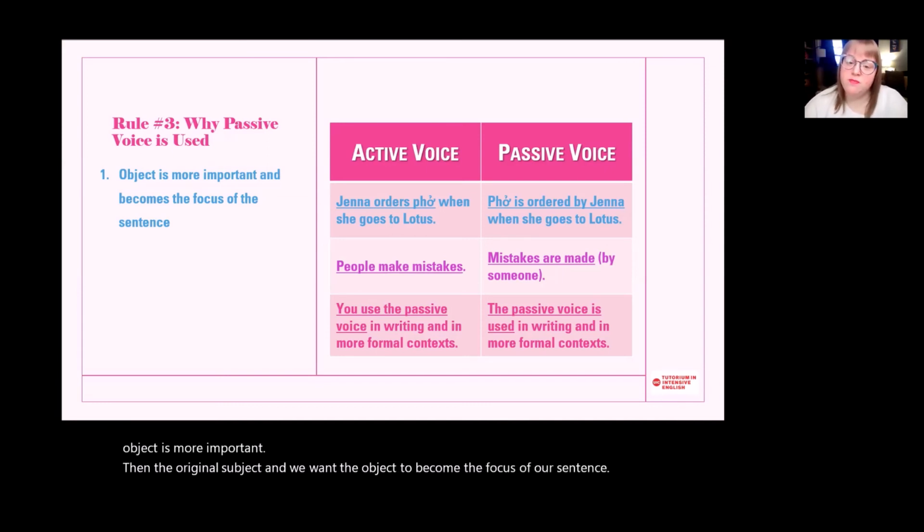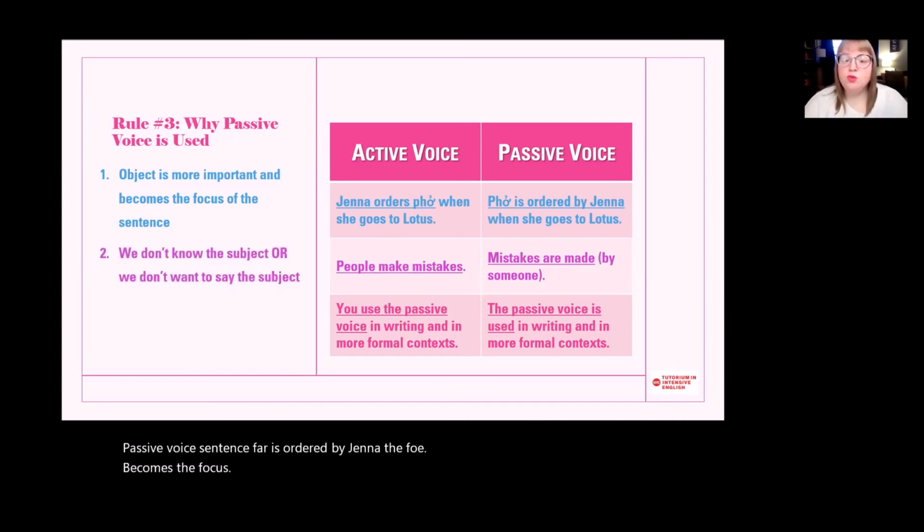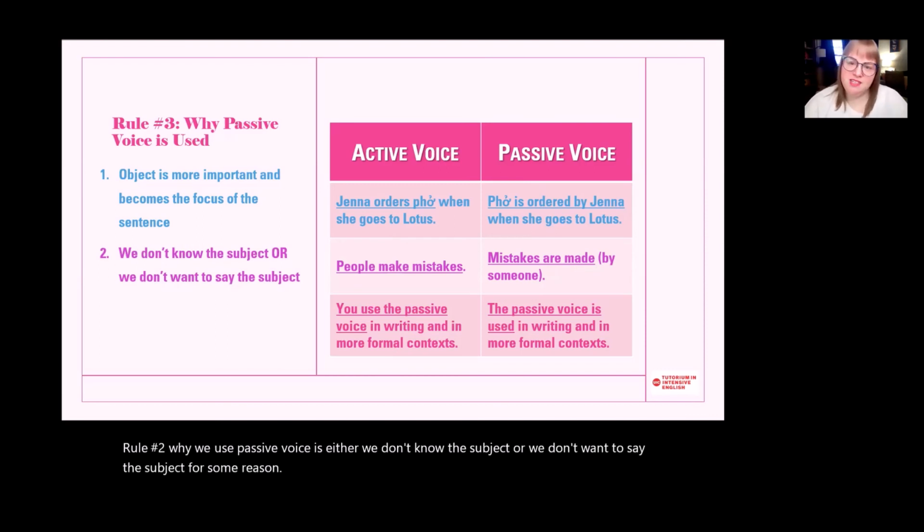So for example, Jenna orders pho. In the active voice sentence, Jenna is the focus. But in the passive voice sentence, pho is ordered by Jenna, the pho becomes the focus. Reason number 2 why we use passive voice is either we don't know the subject or we don't want to say the subject for some reason. So in the active voice sentence, people make mistakes.